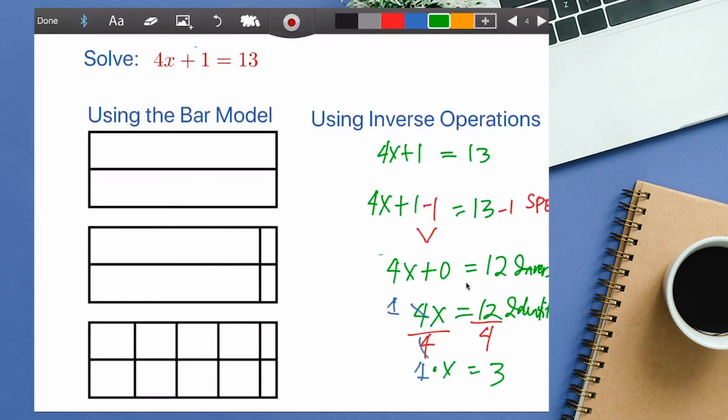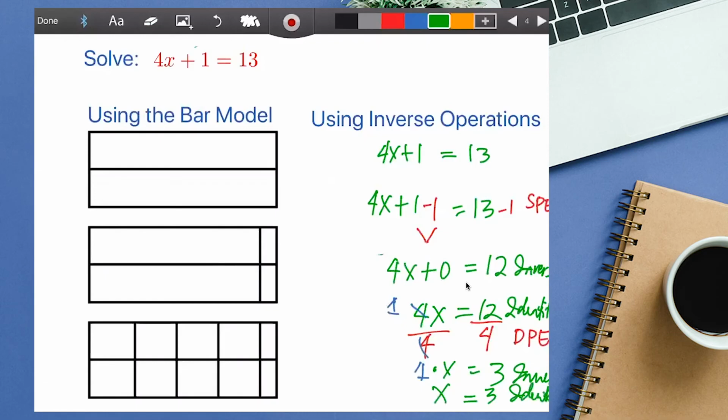So this is justified by the inverse property for multiplication. By the way, the first one here is justified by the division property of equality when we divided both sides by 4. So 1 times x, again by identity property, gives us x equals 3, and this is justified by the identity property.